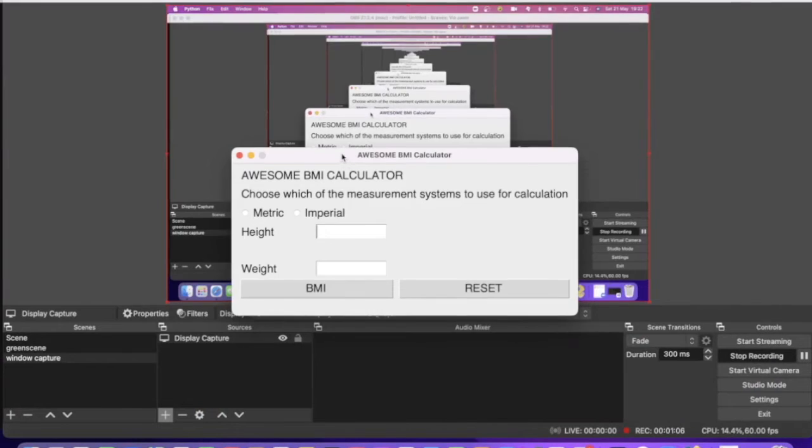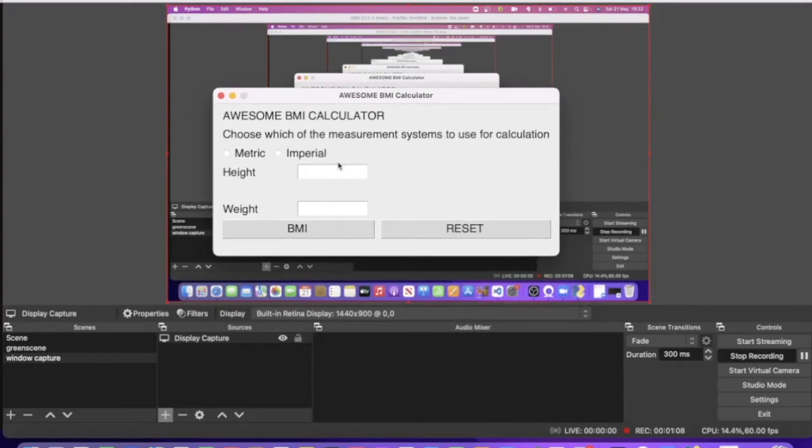and I have called it Awesome BMI Calculator, having two systems, the metric and the imperial system. You have to choose one in order to proceed with the calculation.